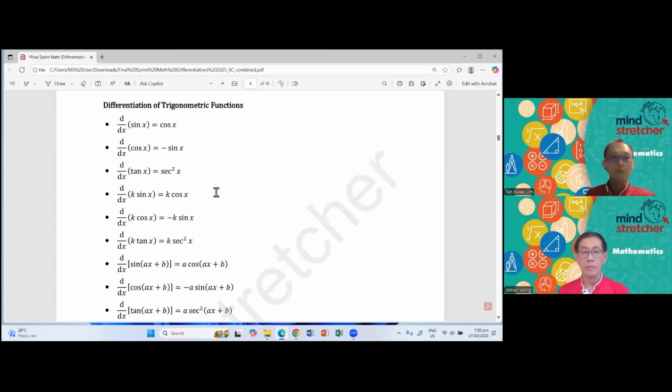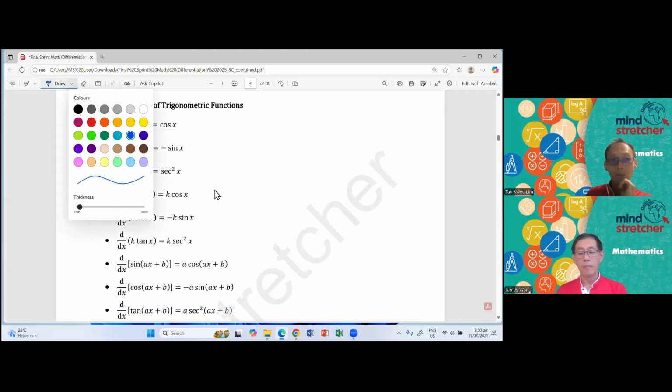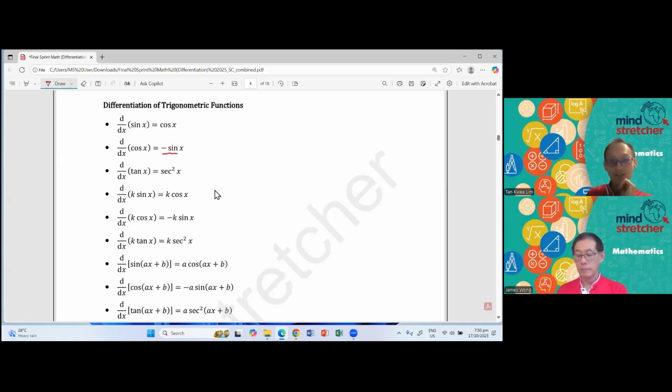Okay, so for example, the differentiation of sine x will be equal to cosine x. Okay, differentiation of cosine x. Remember, when you differentiate cosine x, it is a minus sine x. There is a negative sign in front. Don't forget about it.